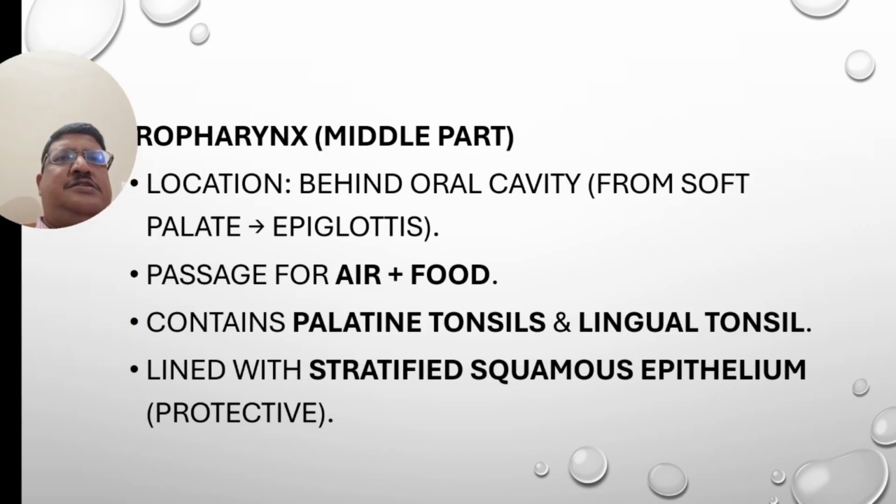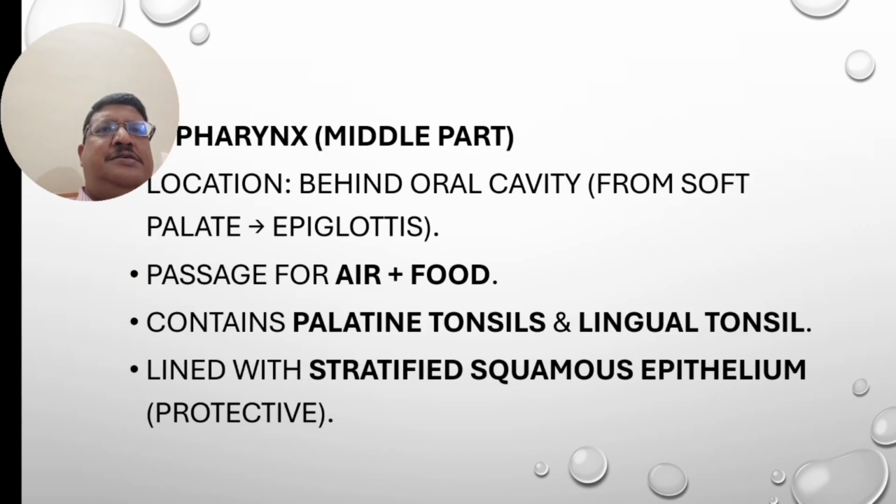Oropharynx, the middle part: located behind the oral cavity from the soft palate to the epiglottis, a passage for air and food. It contains the palatine tonsil and lingual tonsil, and is lined with protective stratified squamous epithelium.